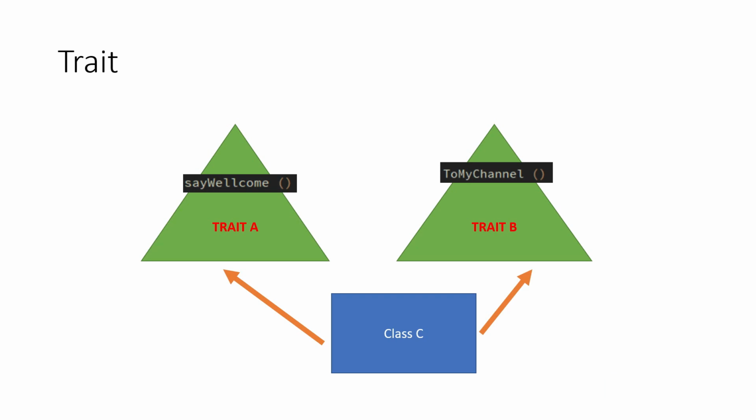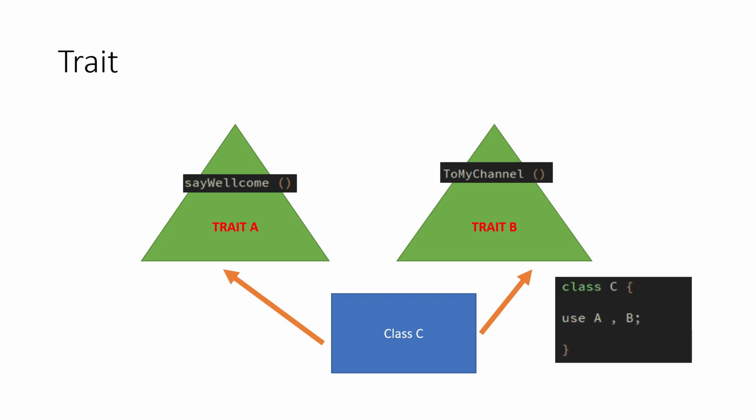In code we write class C, and inside class C the use keyword is used to use traits A and B. The use keyword means that you use the trait A code as well as the trait B code. So we can access the functions when we create an object of class C. We can call the say welcome function and the to my channel function through the object of class C. Keep all these concepts in your mind.